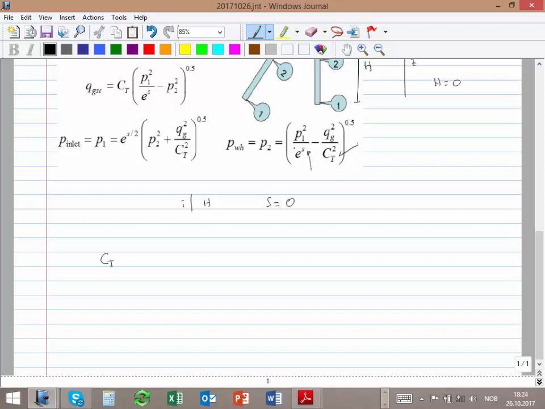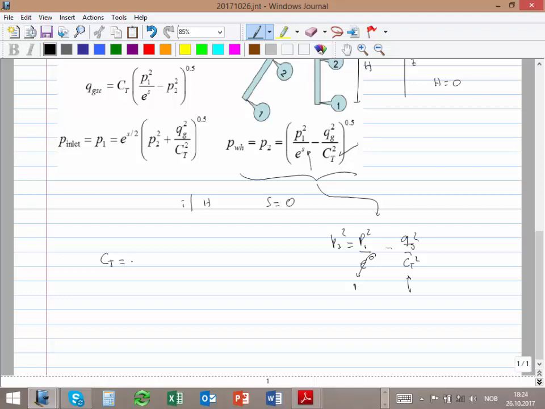So S is equal to 0, so this equation so far is P2 squared equal to P1 squared over e to the 0. And how much is a number to the 0? 1. So this is 1, minus QG squared over CT squared. So I have to know now what happens with CT, and then I'm very close to having an equation for a horizontal flow line.